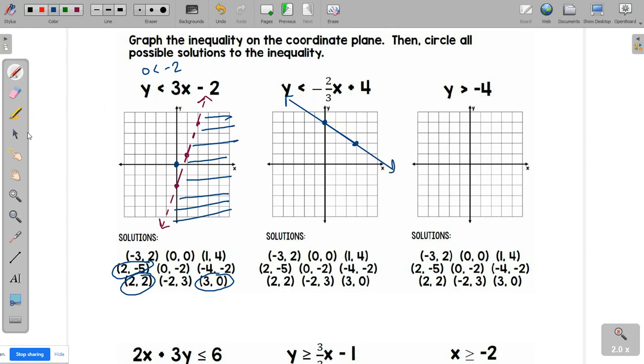Here it's just less than, so it's going to be dashed. Now our shading. Let's try the point 0, 0. So 0 is less than 4, because -2/3 times 0 is 0, so it cancels out. Is this a true statement? It is a true statement, because 4 is larger than 0. So we're going to shade where that point is.